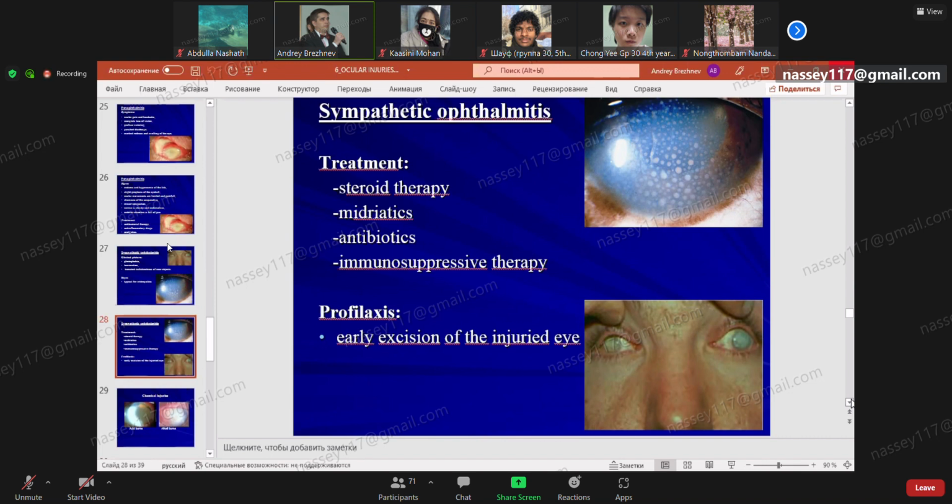Mydriatics, topical mydriatics, drugs which dilate the pupil to prevent formation of synechiae. Antibiotics. In severe cases, immunosuppressive therapy. Treatment should be continued for a long time.